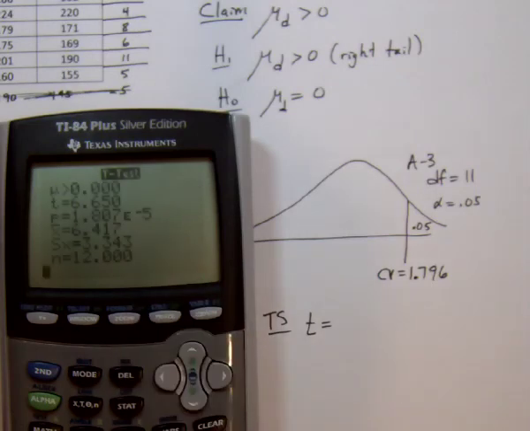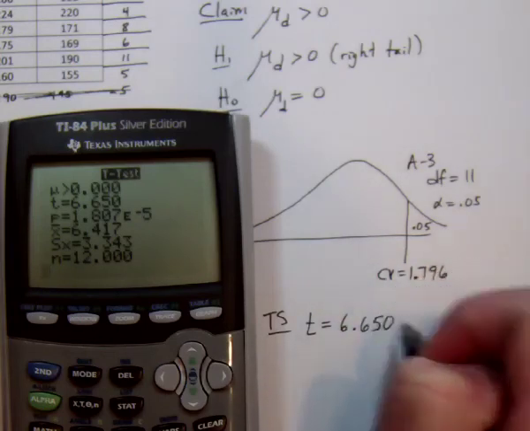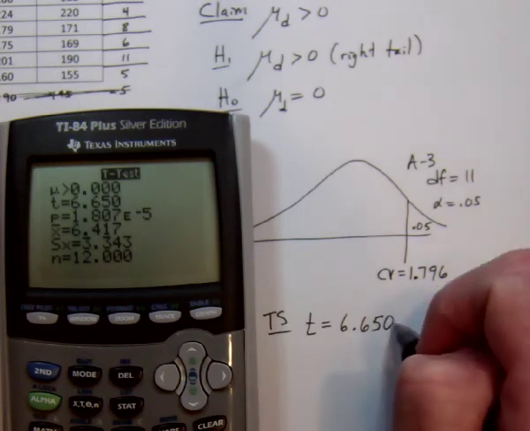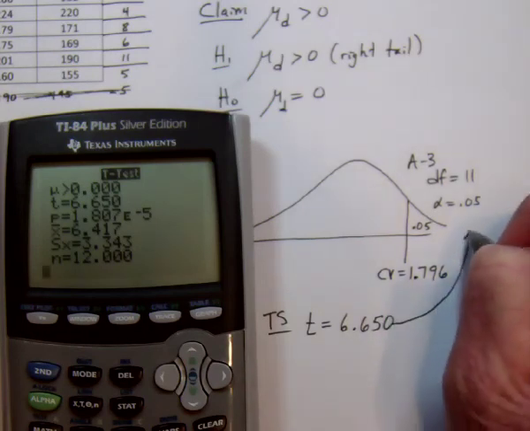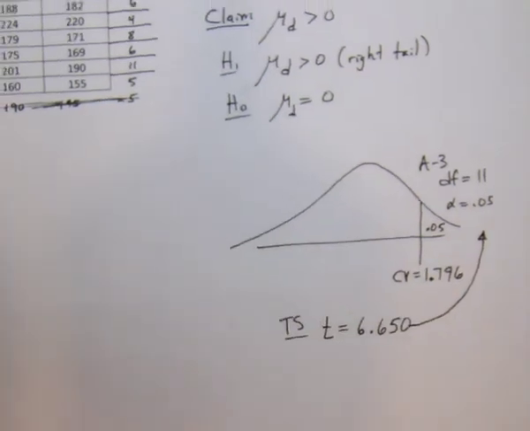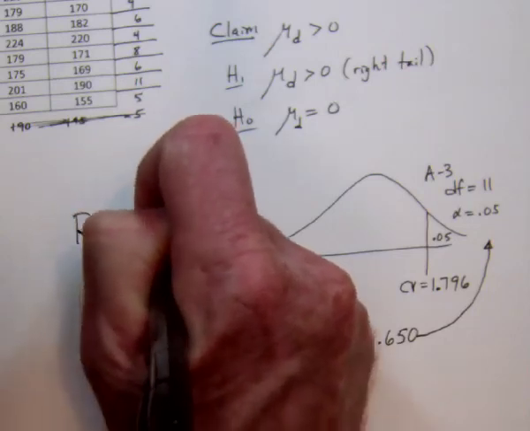And then calculate. 6.650. So does a 6.6 make it past a 1.7? Yes, by a long shot. That means we actually proved something. Yippee. So reject H sub 0.